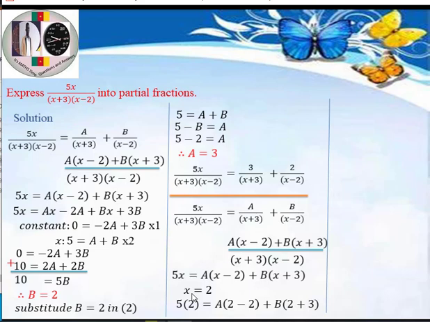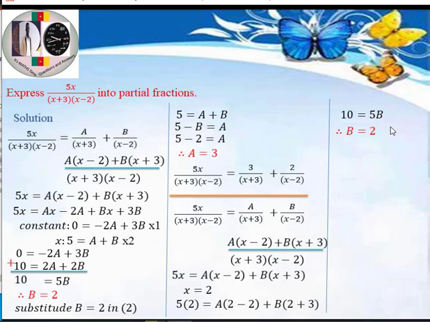That's why we say that x equals 2. And b into 2 plus 3. So in that case, we are going to have 10 equals 5 times b. So 2 plus 3 is 5, and 5 times b. So we can divide both sides by 5 to give us b equals 2.